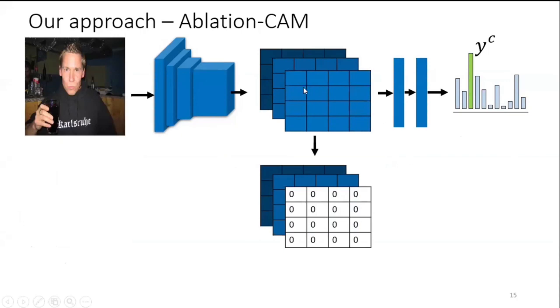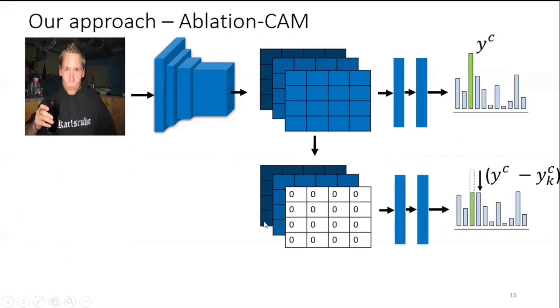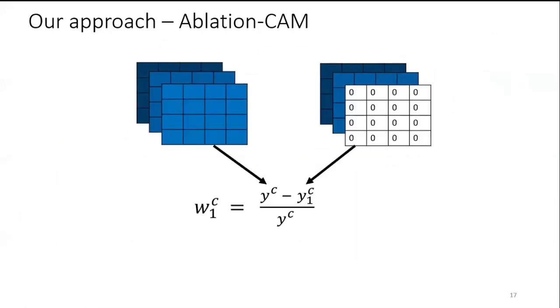We select any kth feature map, ablate it, forward pass it through the rest of the network, and see the drop in the class score. The importance or weight for each feature map will just be the drop in the class score due to its ablation. So here we see the weight associated with feature map number 1.